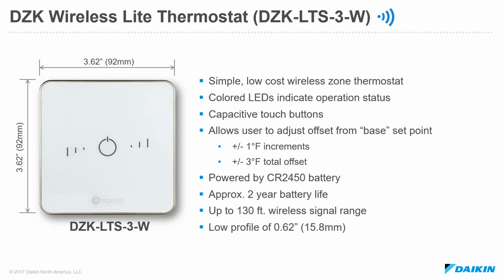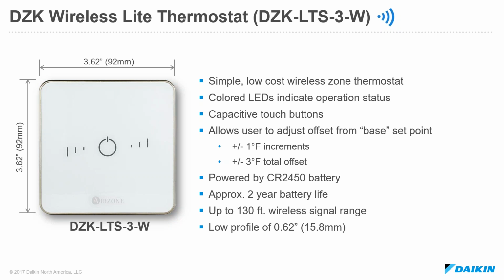We can use this wireless light thermostat to adjust up or down in 1 degree Fahrenheit increments, for a total of plus or minus 3 degrees from that base set point. Do just be aware, we can adjust that increment from 1 degree to 2 degrees. So we can ultimately have up to plus or minus 6 degrees Fahrenheit, essentially 3 degrees Celsius.